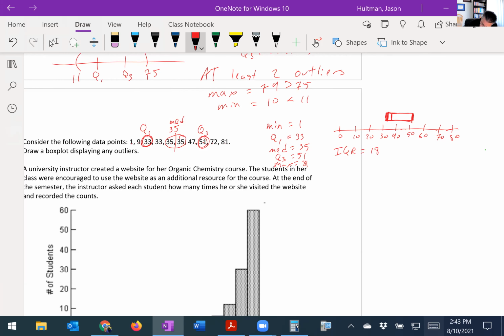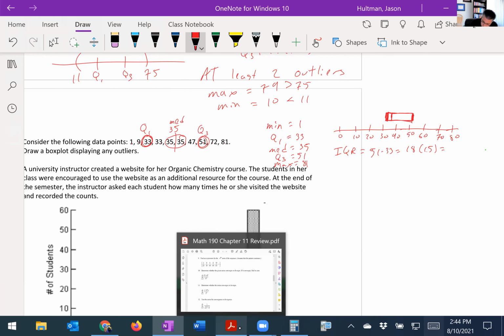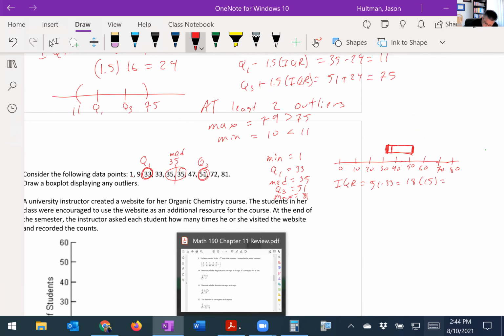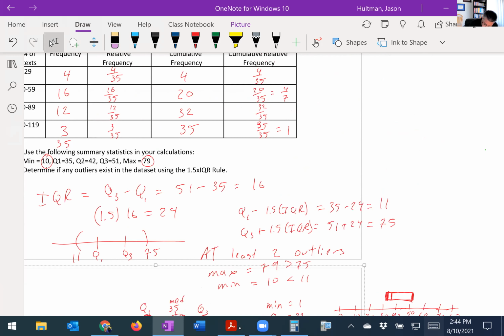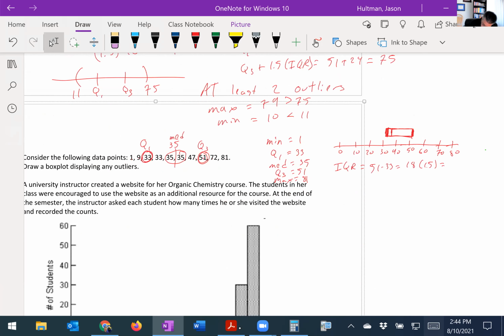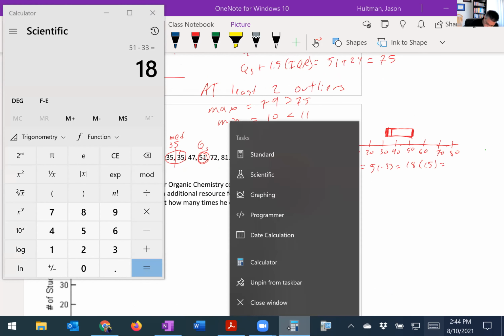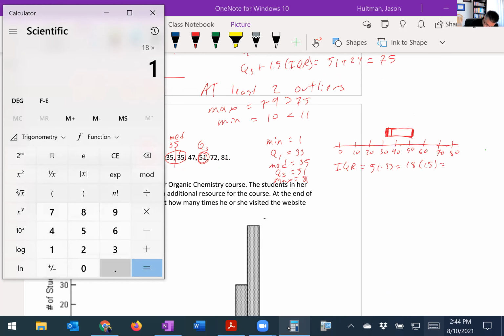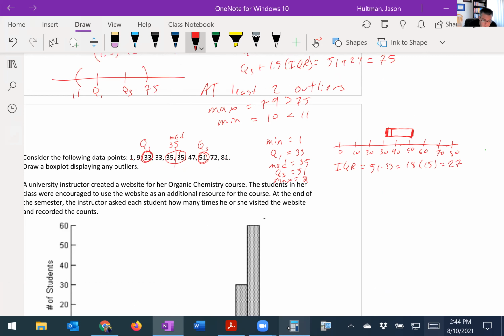So the IQR is 18. So 1.5 times that, 18 times 1.5, is 27.